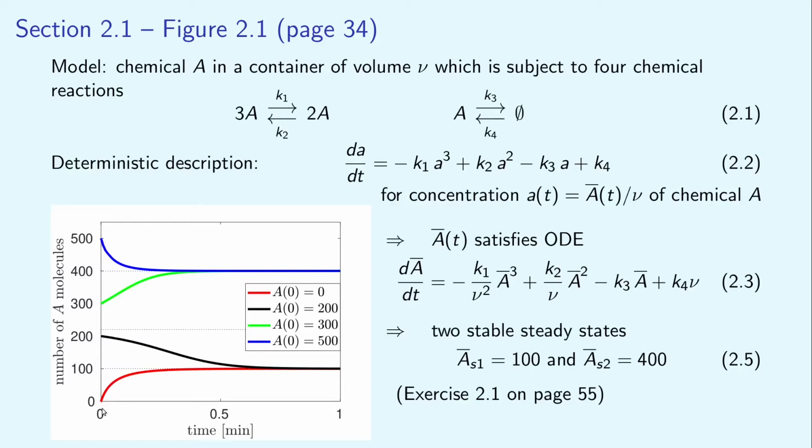If the initial condition is below the unstable steady state 220, then the solution of the ODE 2.3 converges to the stable steady state 100 for large times. On the other hand, if the initial condition is above the unstable state 220, then the solution of the ODE 2.3 converges to the stable steady state 400 as time t goes to infinity.